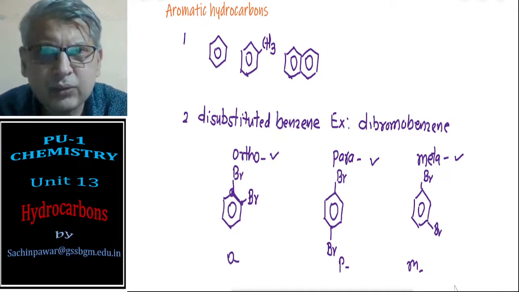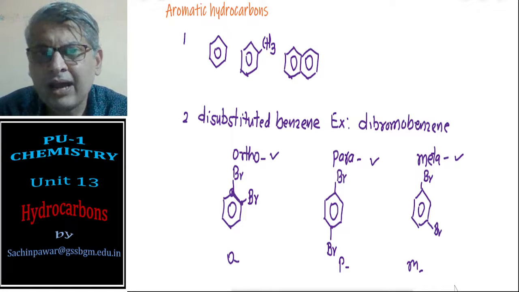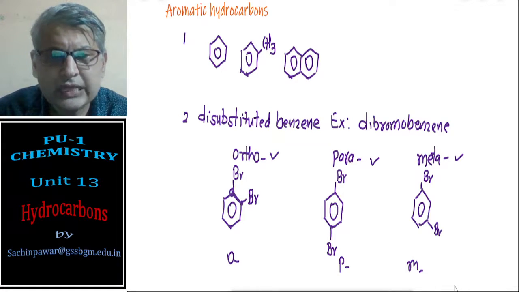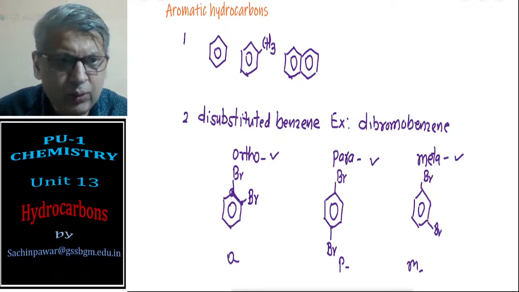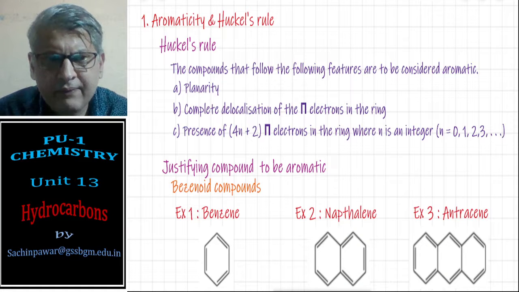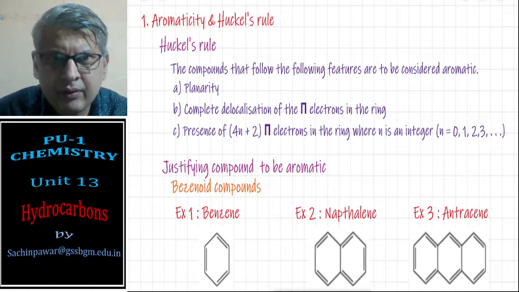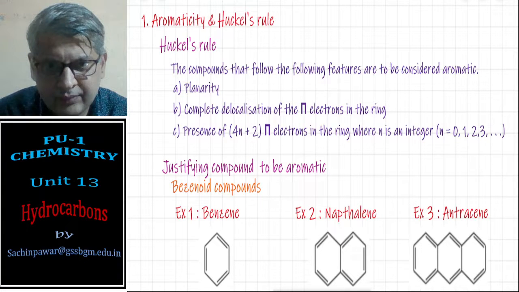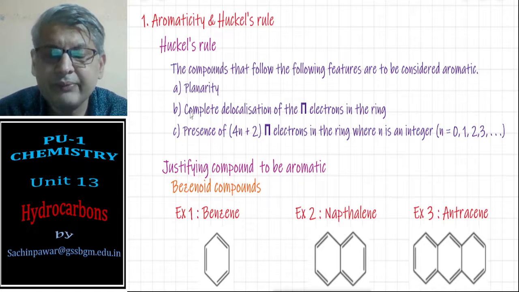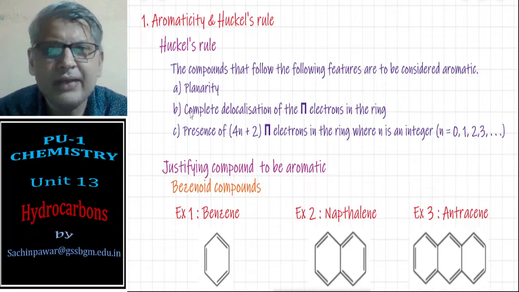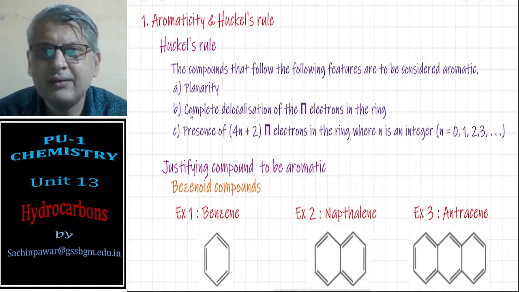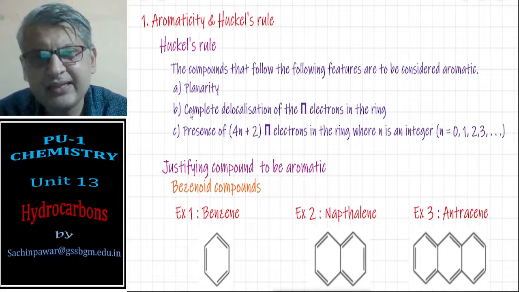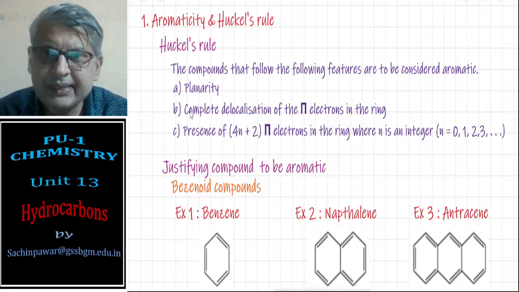So let's begin our today's session: aromaticity and Huckel's rule. The question comes: how to decide whether a compound is aromatic or not? Immediately you will say we have learnt in lower standard that if there is a typical aroma smell, the compound is aromatic. Somebody may say if there is a benzene ring in the compound, then it is aromatic.